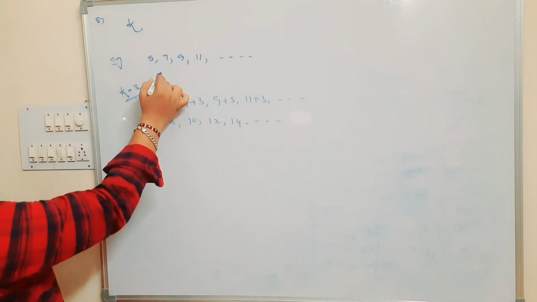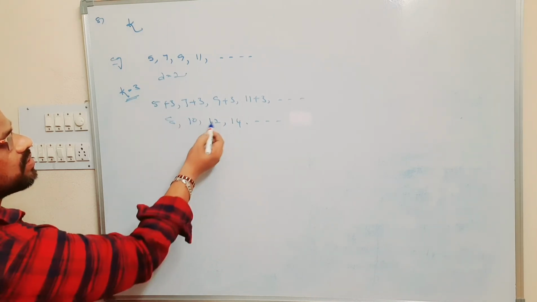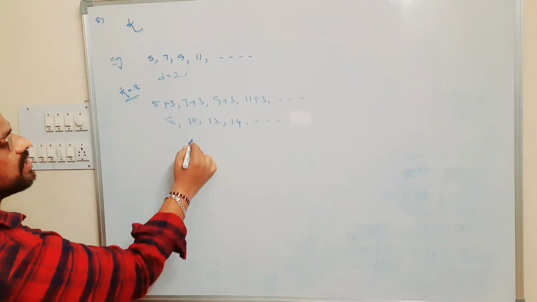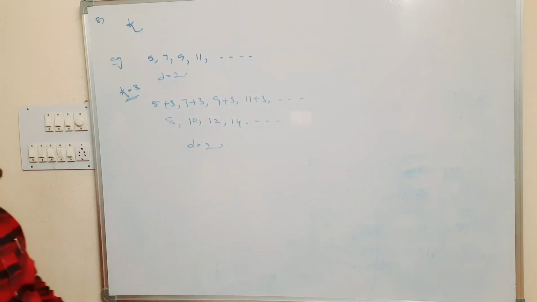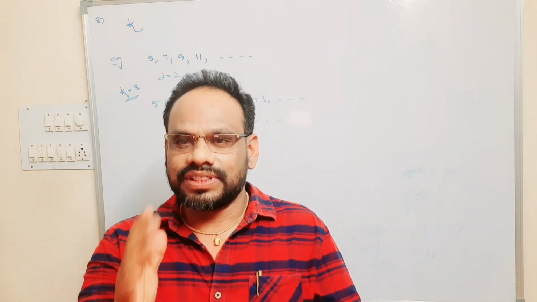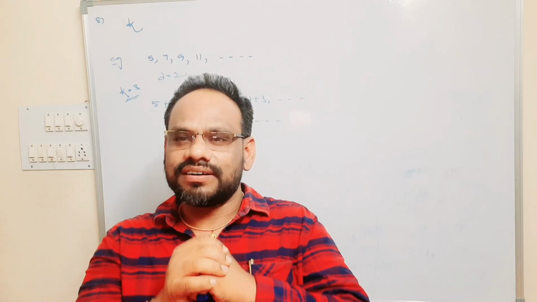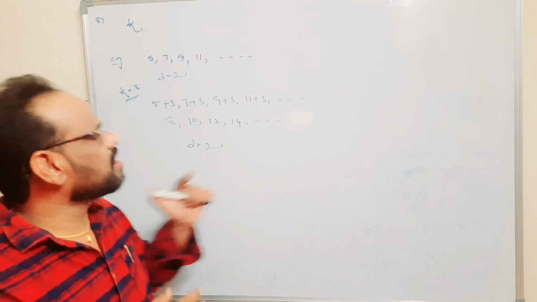Here the common difference d is equal to 2. Here also, 10 minus 8 is 2, 12 minus 10 is 2, 14 minus 12 is 2. Here also the common difference is 2. That means if a constant term is added or subtracted from each term of an arithmetic progression with common difference d, then the resulting sequence is also an arithmetic progression with the same common difference.